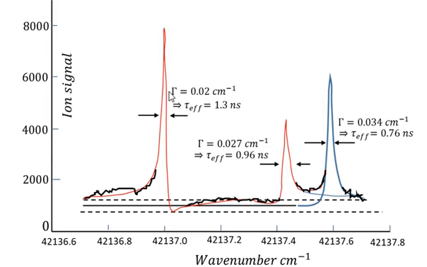And these curves are also called the Fano profiles. It is called a Fano profile because these curves are not symmetric. On one side, on the left hand side, these curves are expanded, and on the right hand side, these curves decay very quickly. And gamma is actually the width of these curves at half maximum in wave number units, which is gamma equal to 0.02 centimeter inverse, and in units of seconds is equal to 1.3 nanosecond.